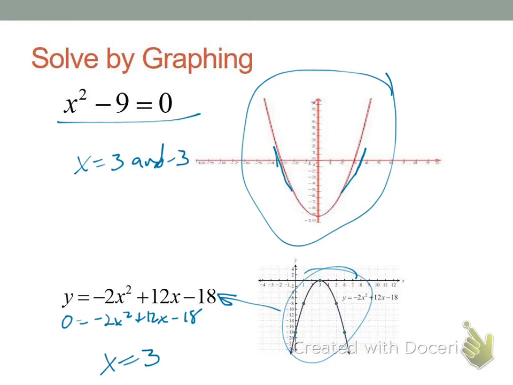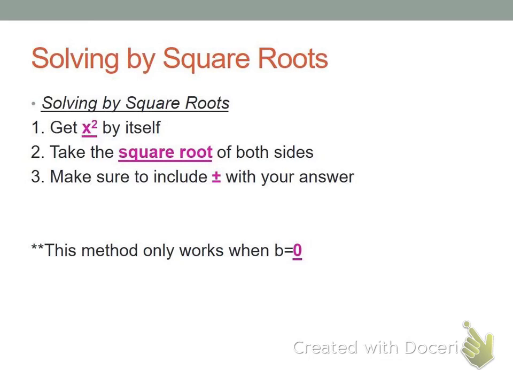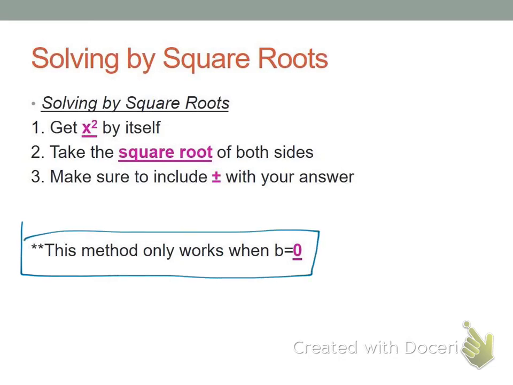The first one we're going to talk about is the square root method. Okay? Now, the square root method only works when b is equal to 0. We don't know what b is yet. But it's the guy that I keep calling the decision maker, right? We need the decision maker to be gone, right?